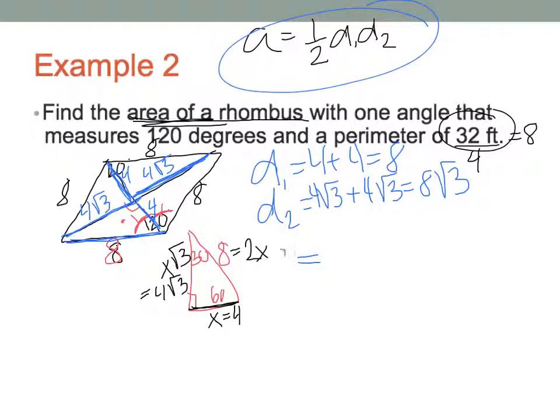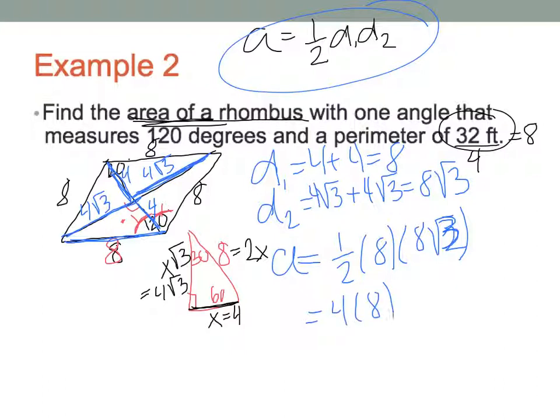And I'm going to get area equals 1/2 diagonal 1 times diagonal 2. That has to be a root 3, excuse me. And now I'm going to get 4 times 8 times root 3. And now I'm going to get 32 root 3. And since it's area, it's going to be feet squared.